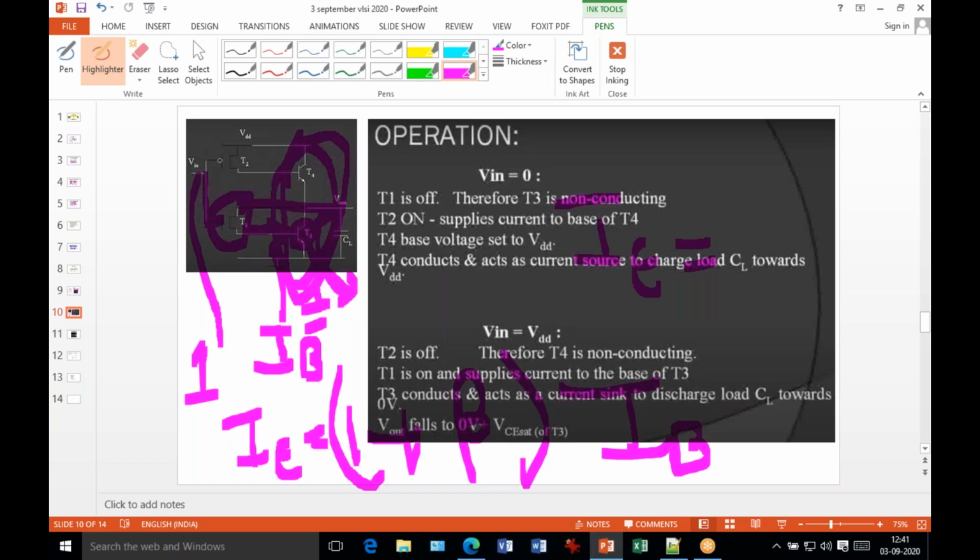That's why I have written this equation as 1 plus beta times IB. Okay, so that is clear. It is very clear in this picture.